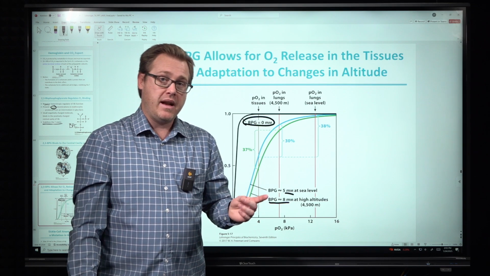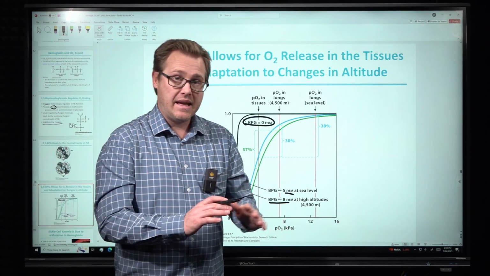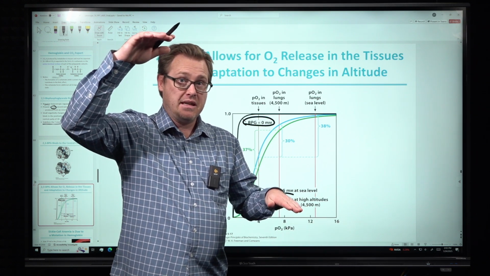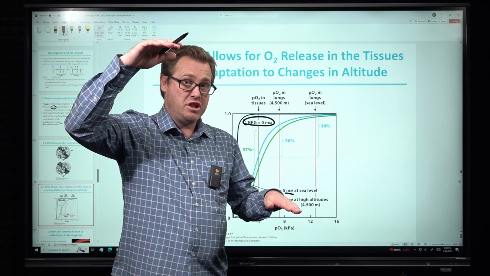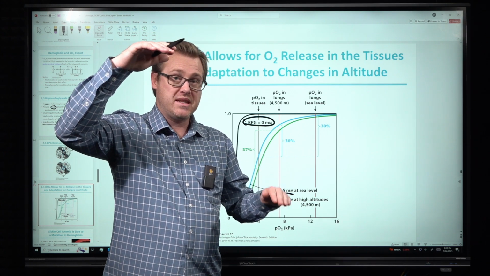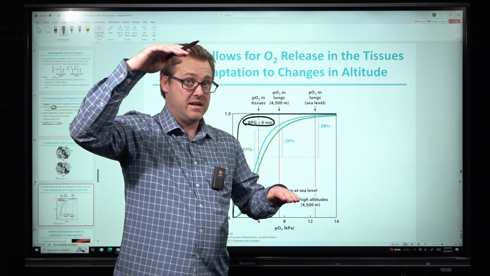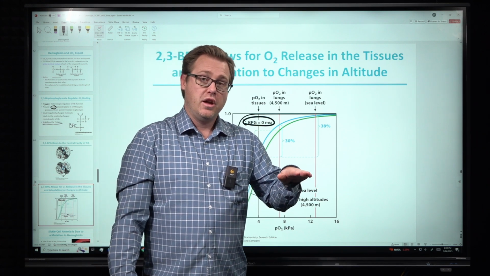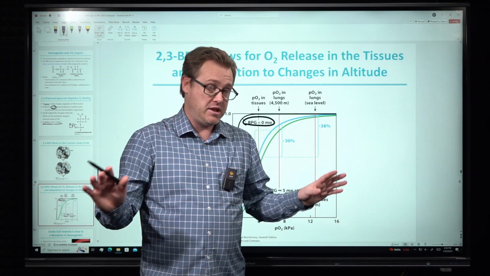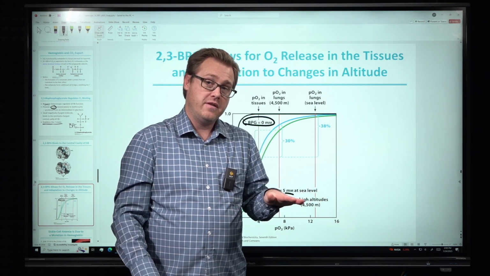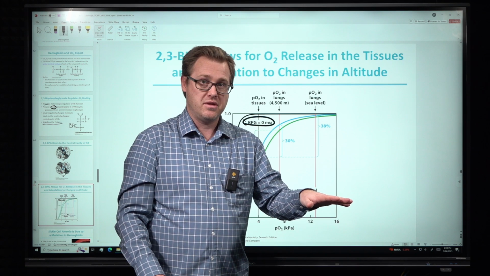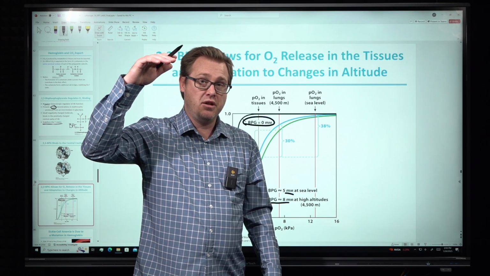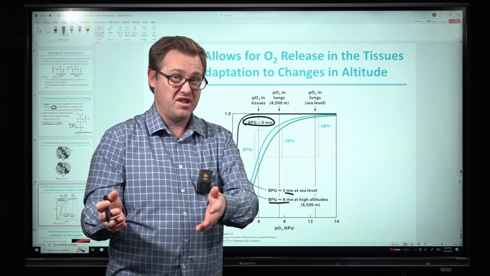But if we got rid of BPG altogether and you lived at different altitudes, the release of oxygen that your tissues would receive would be different. So if you're at sea level and there's no BPG present, you would give off more oxygen to your tissues than if you were at high altitude. At high altitude, you would give off less oxygen to your tissues.